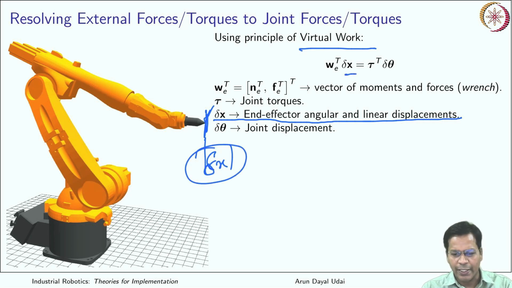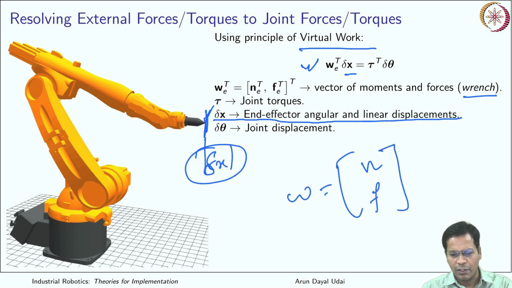So this delta x into the wrench. What is this wrench? Wrench is a vector that contains moment and force. Wrench is given by 3 cross 1 moment, 3 cross 1 force, so it is a total 6 cross 1 vector. So that is your wrench vector.